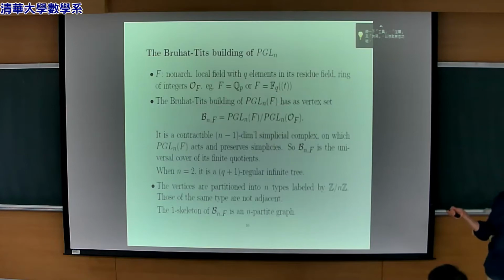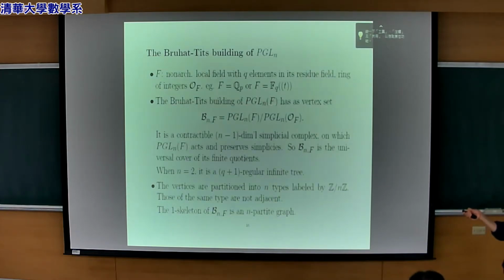Okay. So we assume that this field has q elements in its residue field. And the Bruhat-Tits building for this group, PGLn over F, has a vertex set which is PGLn(F) modded out by its maximal compact subgroup.